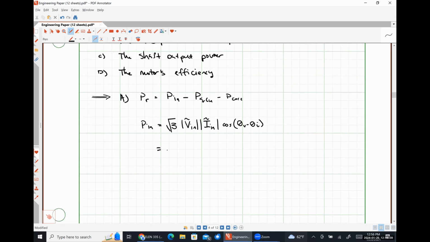So square root of 3 times 208 volts RMS times 75 amps RMS. How do we figure out the cosine of theta v minus theta I?